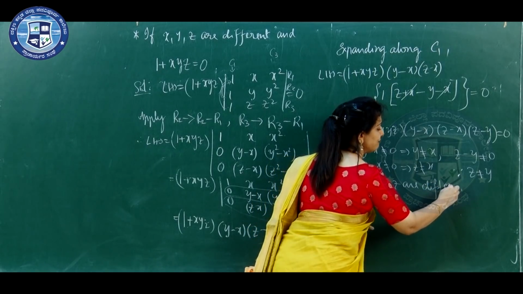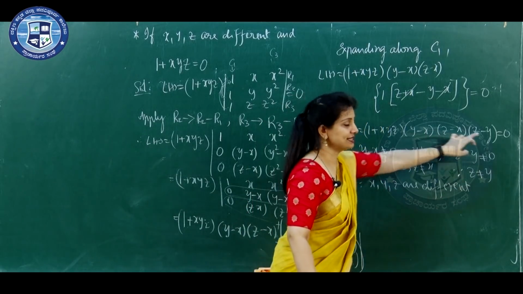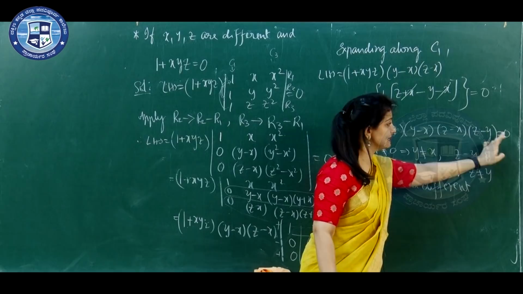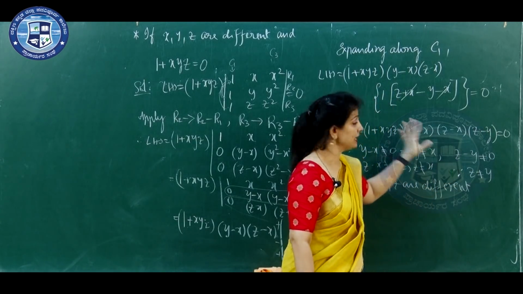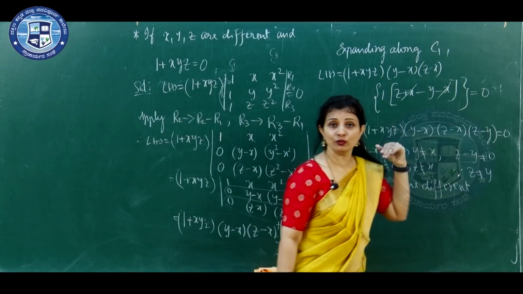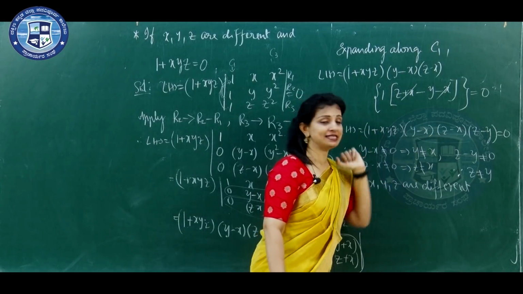It is given that x, y, z are different. So y minus x is not equal to 0, z minus x is not equal to 0, z minus y is also not equal to 0, but their product is 0. When is it possible? Only when 1 plus xyz is equal to 0.